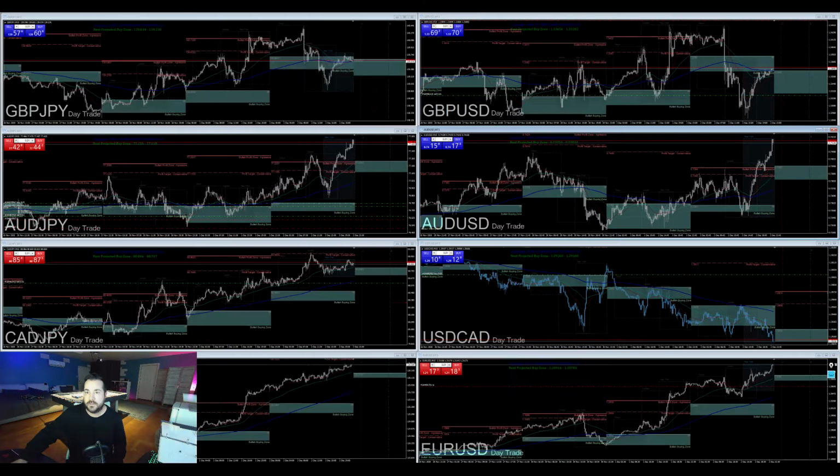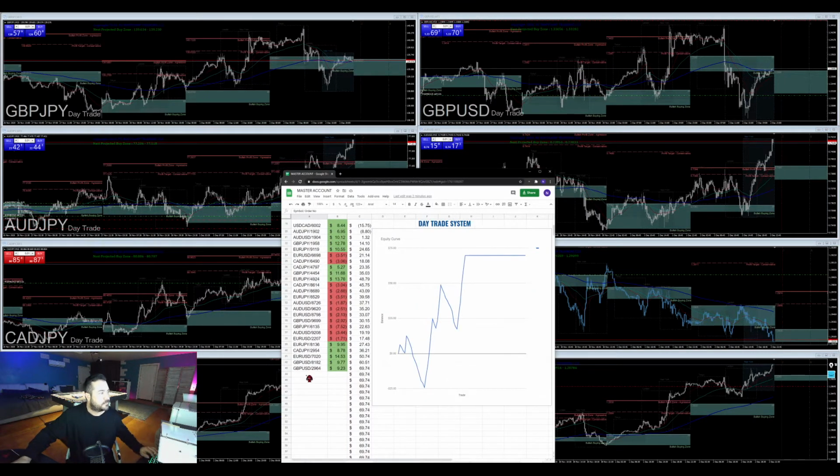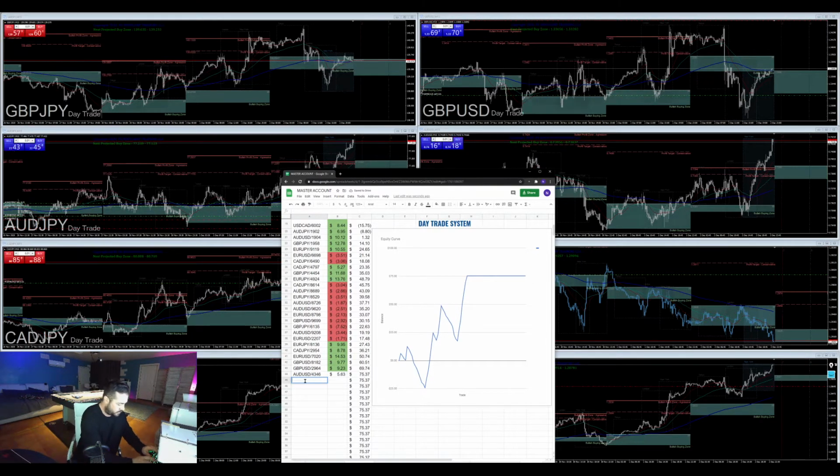All right, day trades. First one is the Australian USD number 4346. And then this one is number 6428.